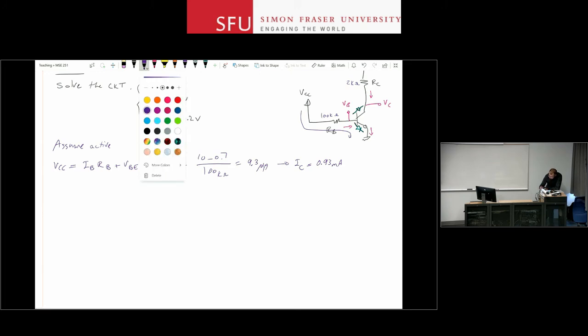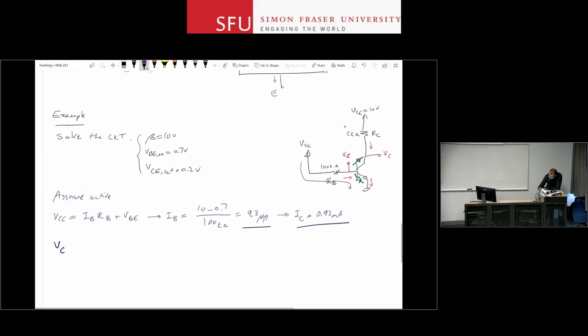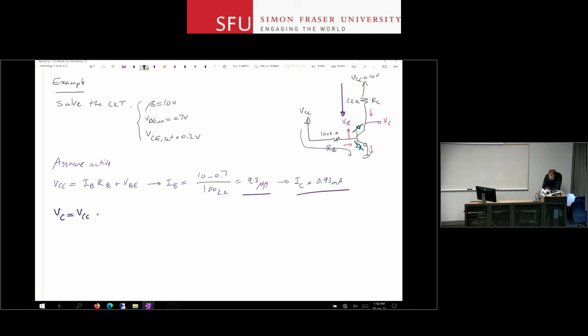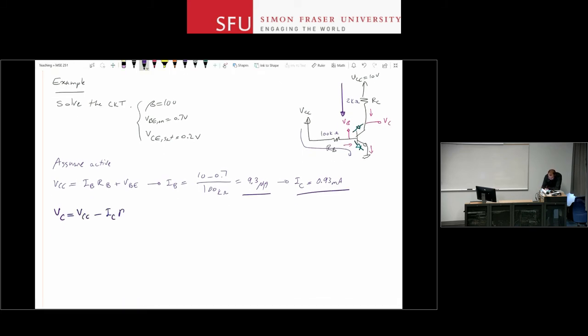Okay? So I know my IB and IC, and therefore I can calculate VC. I can do a KVL from VCC to this point and stop at VC. VC is VCC minus IC RC. That's 10 minus 2 kilo ohms times IC of 0.93 milliamps.